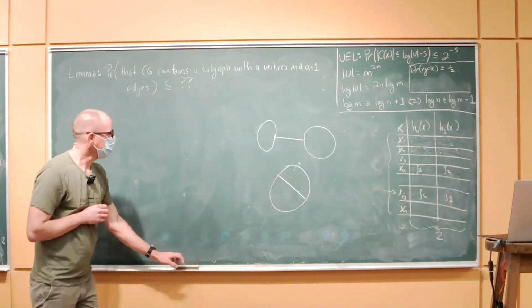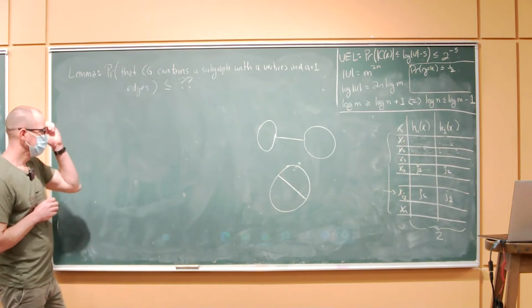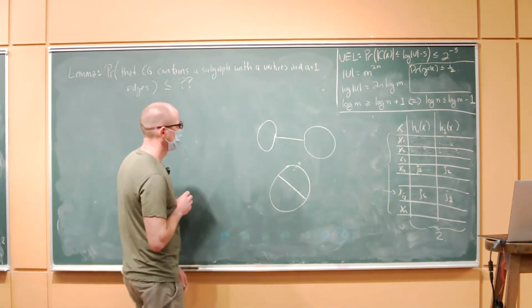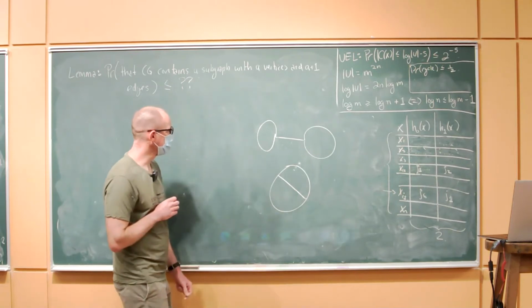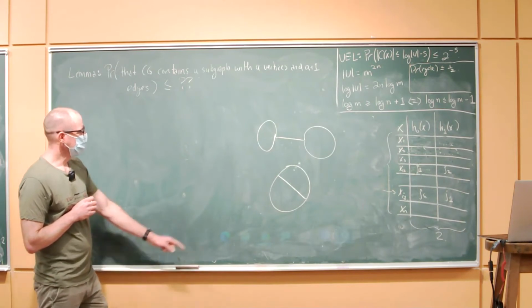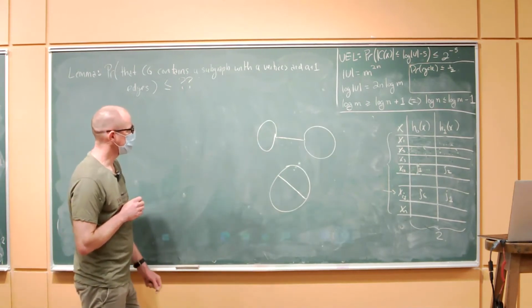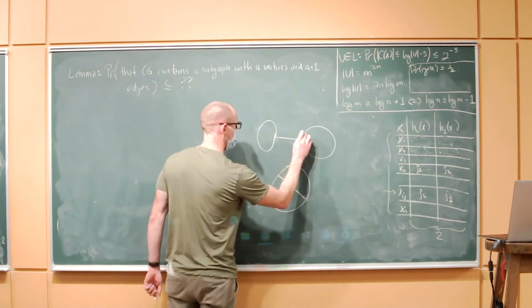All right. So let's look at these two graphs and see what we could do with them. If I have a graph like this, I can take away two edges. Just pretend they're not there for a moment.